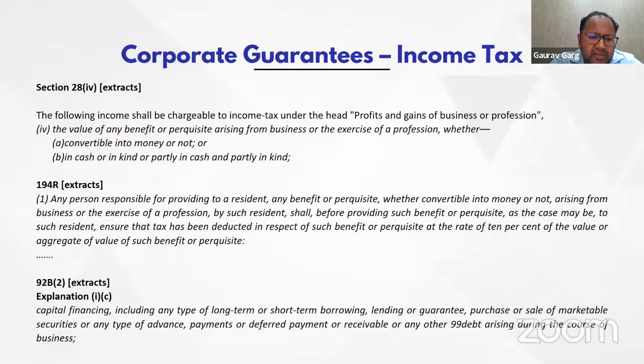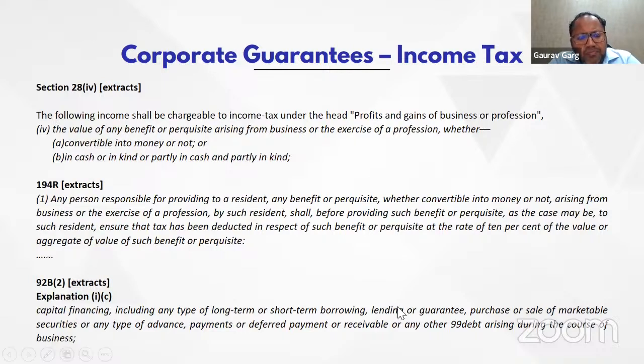And yes, if it is a transaction between two associated enterprises under the Income Tax Act, this is section 92A read with rule 92B(2), it will qualify to be an international transaction because this is what the law says: capital financing, including any type of long-term or short-term borrowing, lending or guarantee.